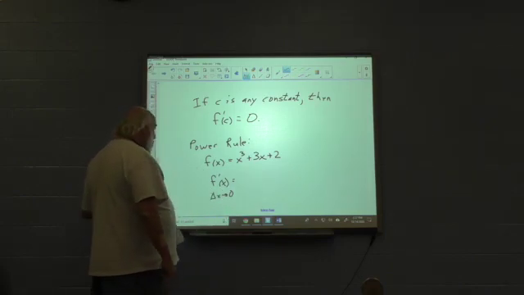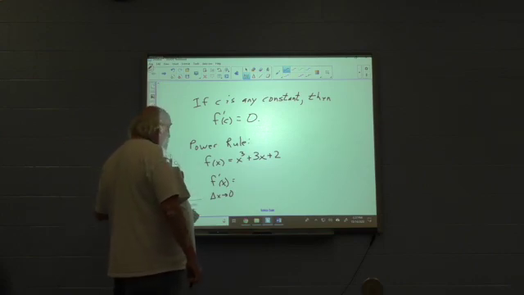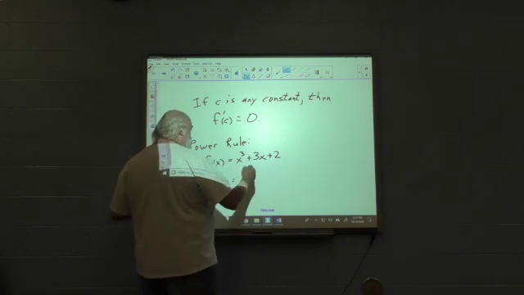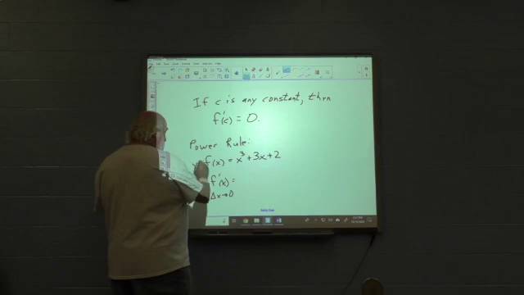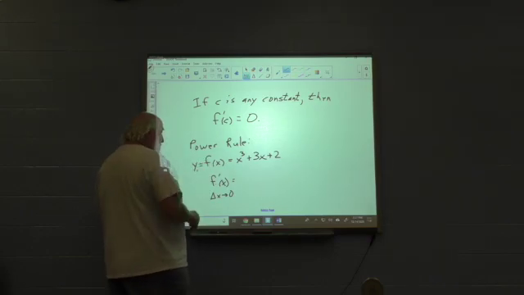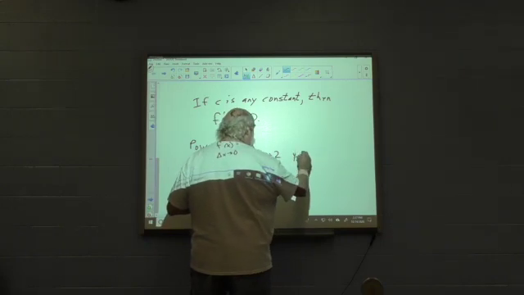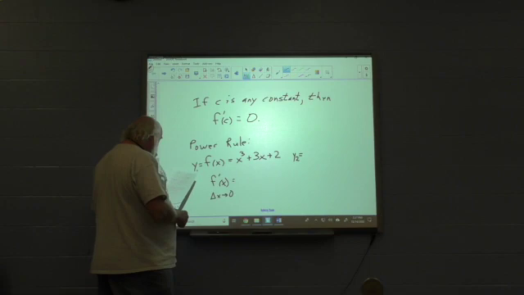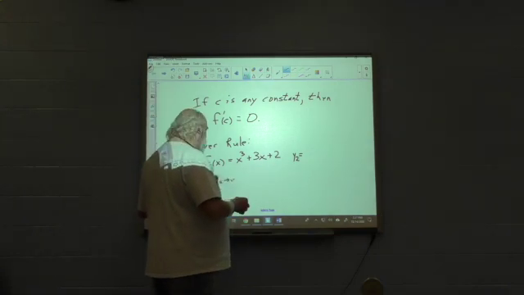Now, in order to do that, we have to understand that f of x is this, and that is your y1, subscript 1. And then y2 is going to be equal to, and you're going to replace every x after that with an x plus delta x.